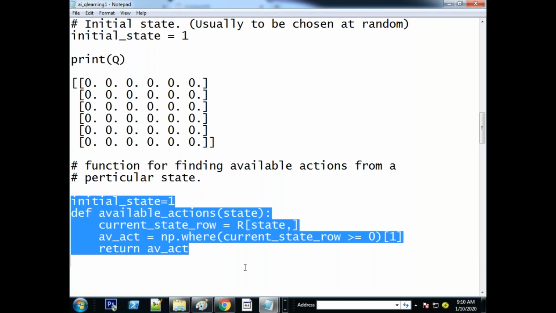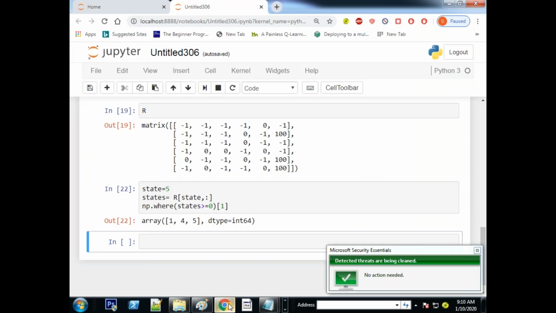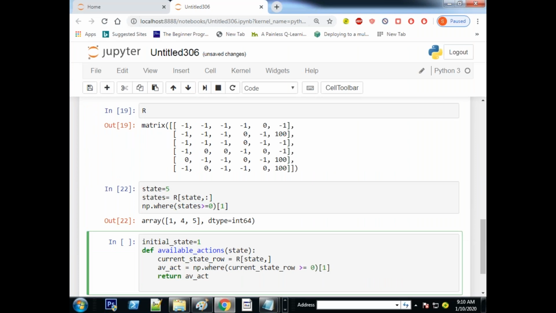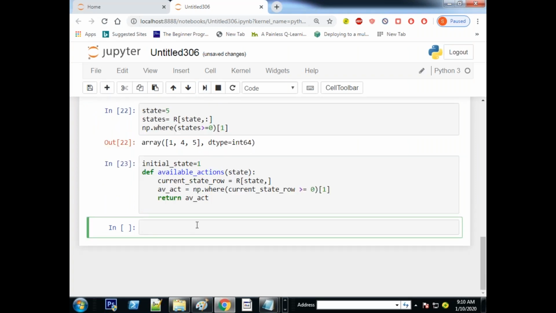Now let's check with the function. The function is created now. Let's say available actions, that means possible actions, of initially 0, sir, I am passing.